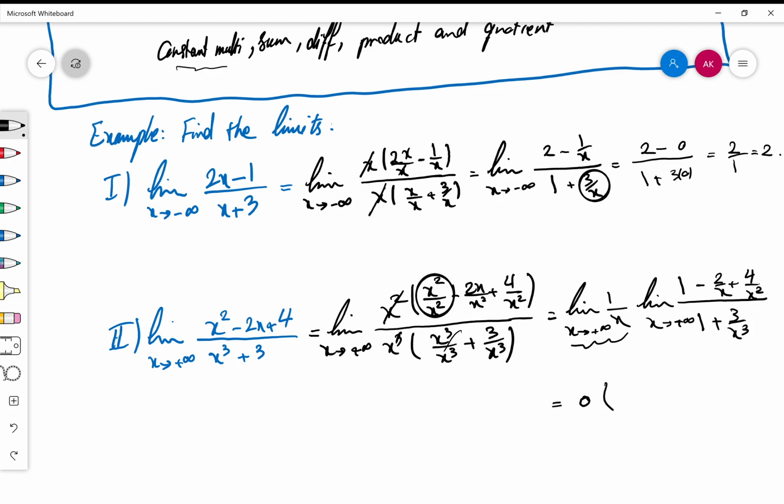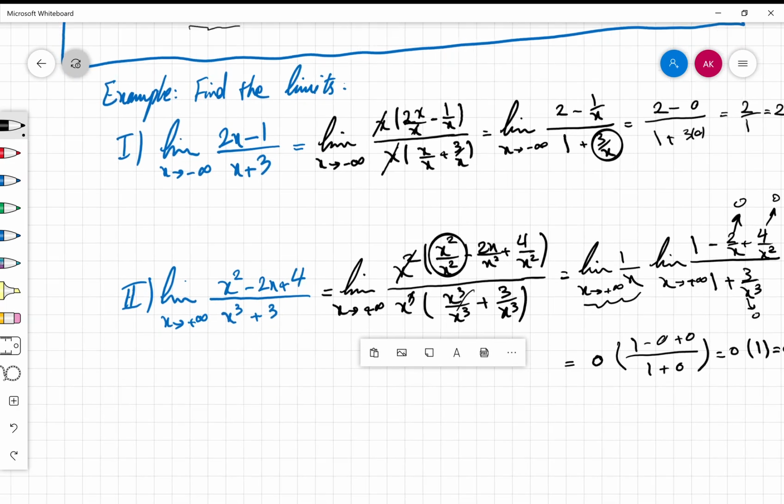Then, by the product rule, the numerator goes to 1, since the other terms go to 0. The denominator is 1 and the other term goes to 0. So what we have here is 0 times 1, and that is equal to 0. This is the trick you need to know to be able to find the limit at infinity for a rational function.